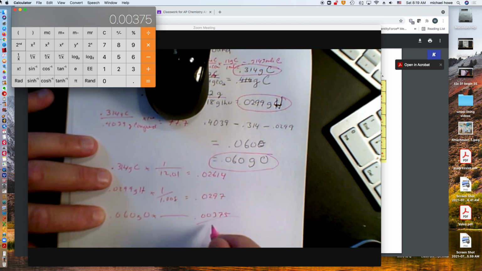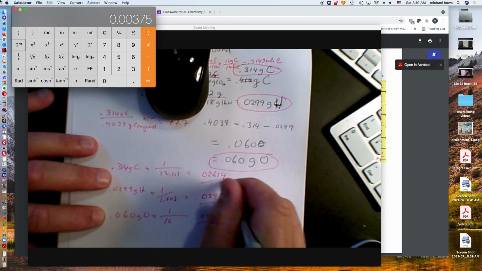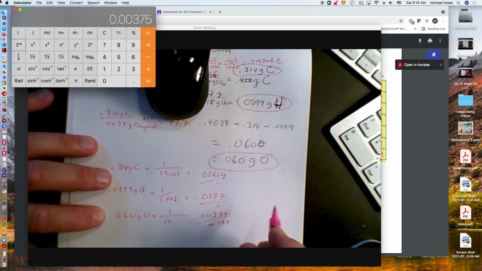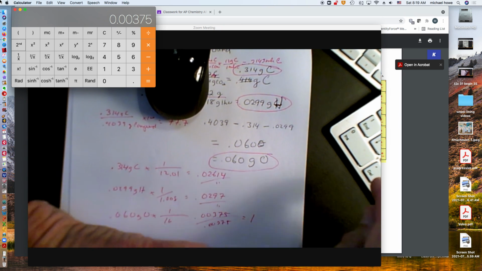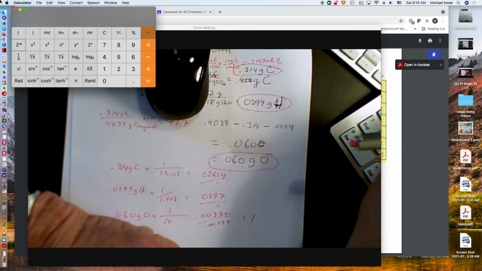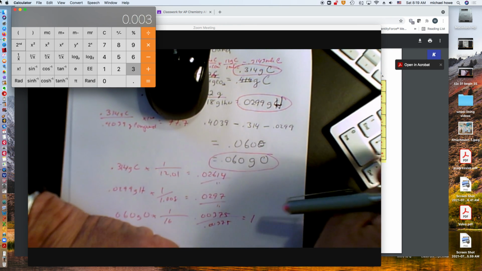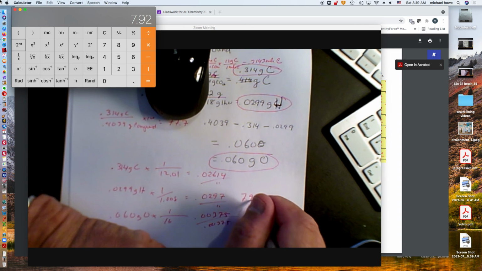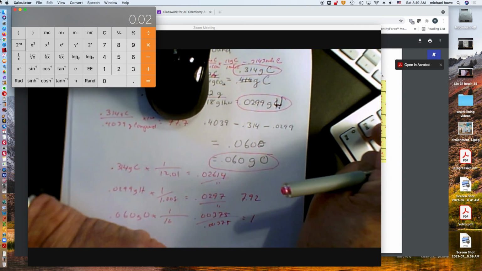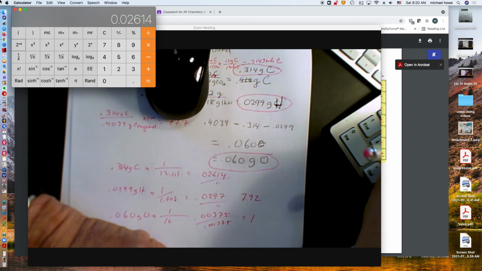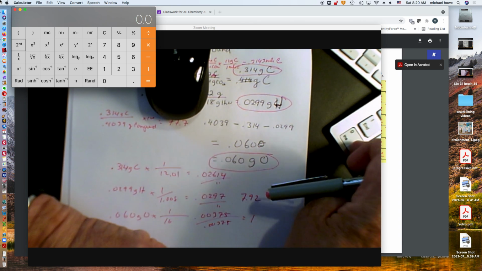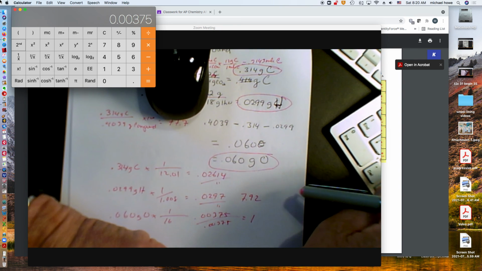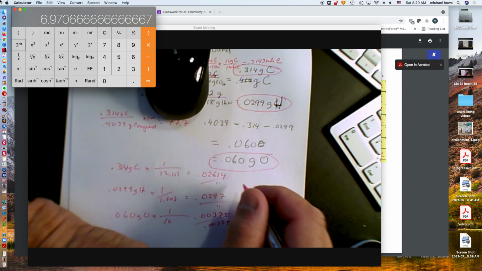All right, so divide everything by the smallest one. So this is going to be 1. 0.0297 divided by 0.00375, 7.92. 0.02614 divided by 0.00375, 6.97.